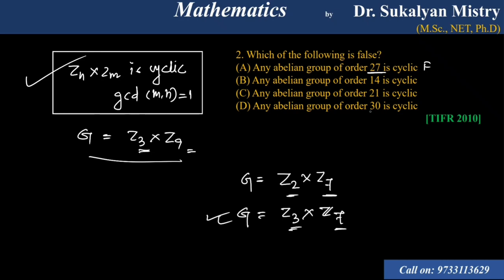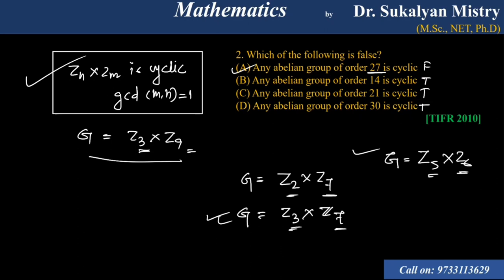And for option D, G is Z5 cross Z6, 5 and 6 are relatively prime, so this must be cyclic. So these are true, so option A is false. So option A is correct.